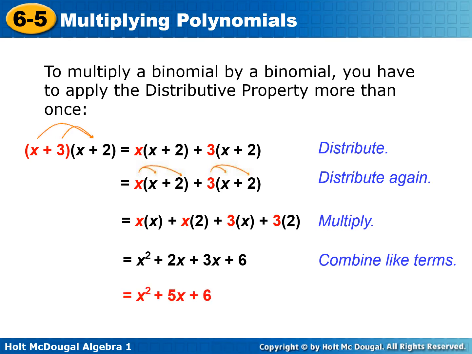So the simplified form will be x squared plus 5x plus 6. Okay, so this is the first method in multiplying binomials. We did the distributive property of multiplication over addition.